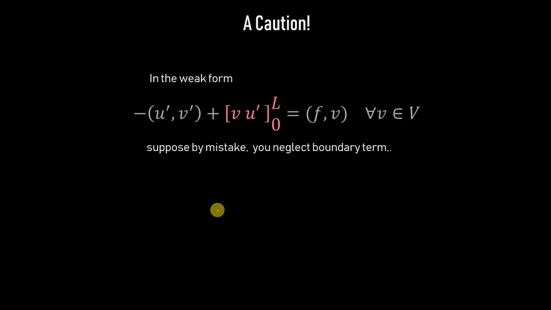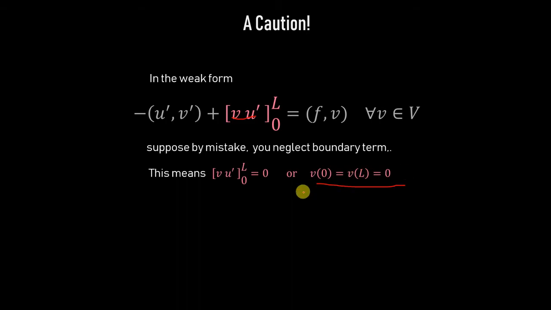Now a caution for the weak form. For example, if by mistake you neglect this boundary term, what happens then? What you have assumed is that v0 and vL are equal to 0, because you have not specified the value of u dash. By neglecting that, you have specified v0 and vL equal to 0.